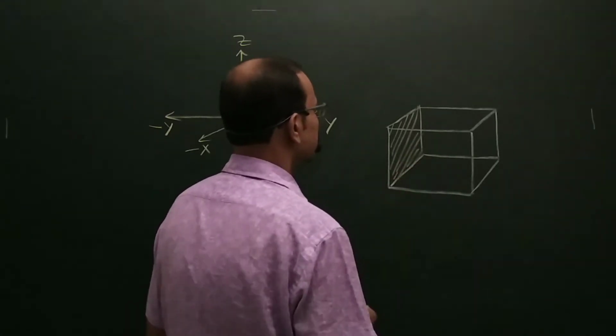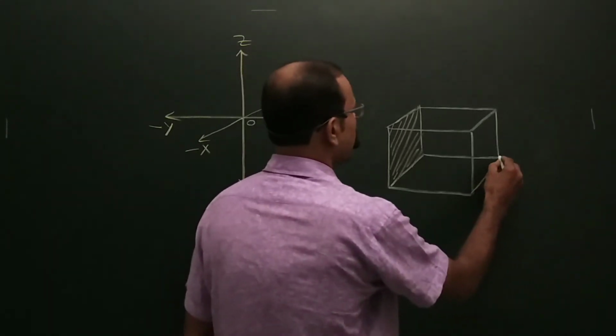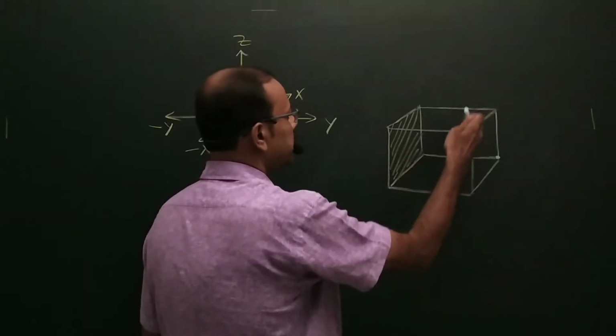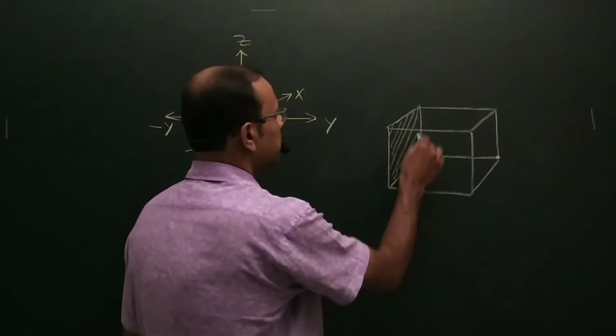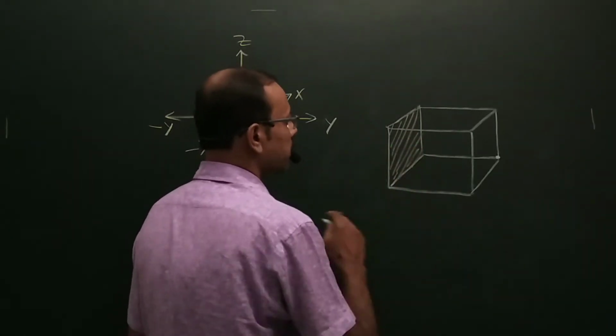This one. So, I am taking axis on this point. I cannot take in this point, but I can take all the other points. But I cannot take origin as these 4 points because they are on the plane.